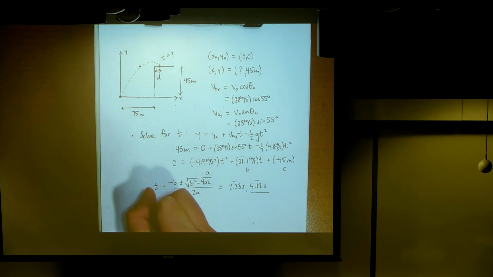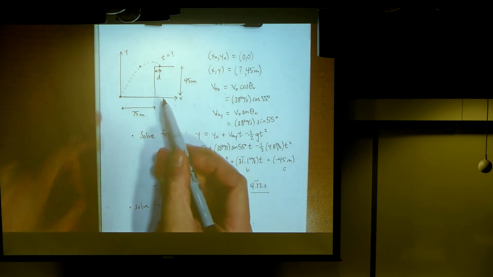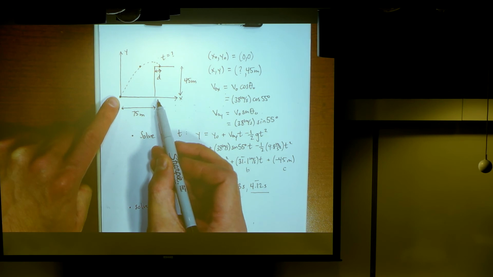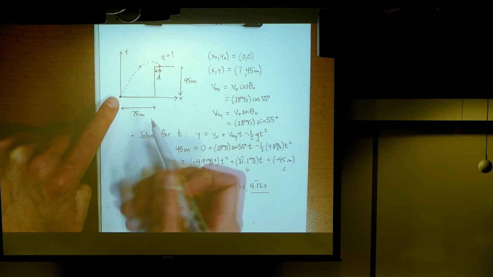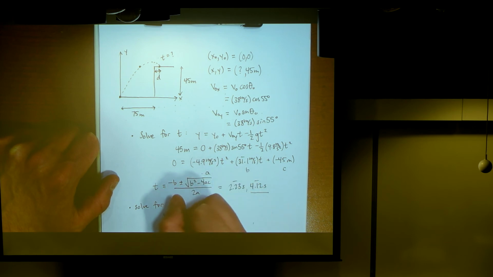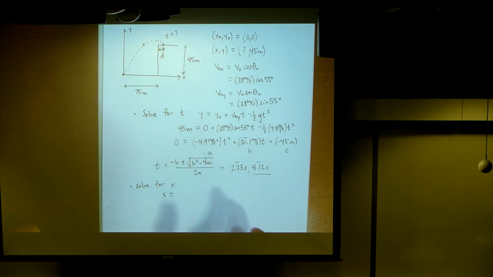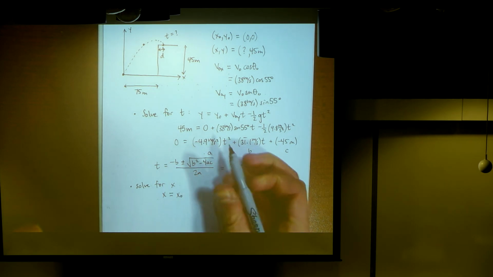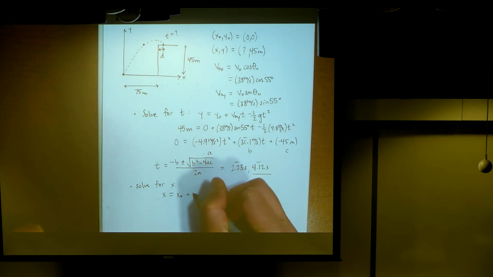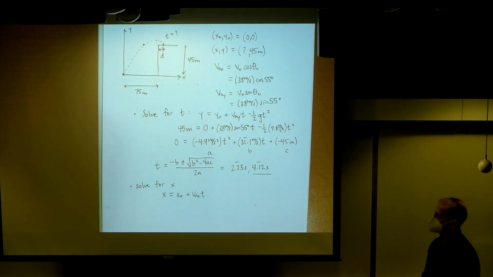So here, let's just directly solve for x. X means final x position, right? So the distance from here to here. So what's our kinematic equation? x equals x naught plus v naught x t, and there's no acceleration in the x direction, so there's nothing else to write.